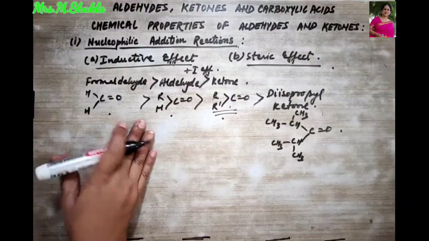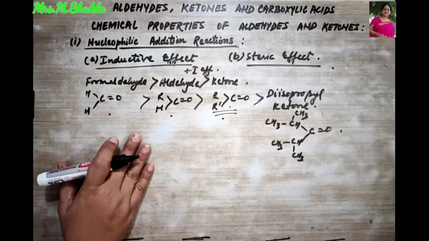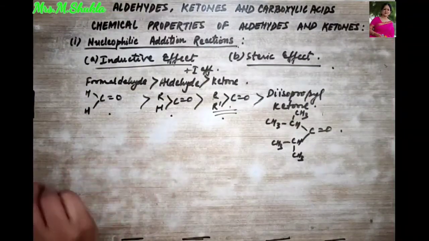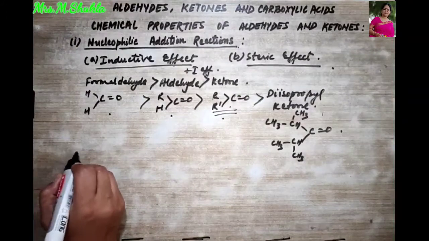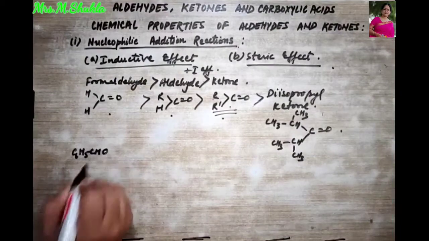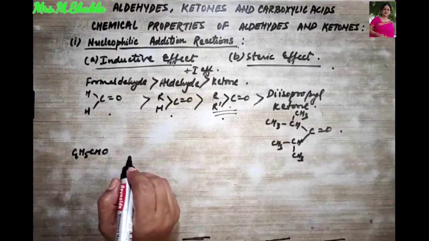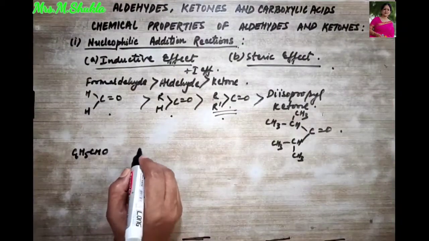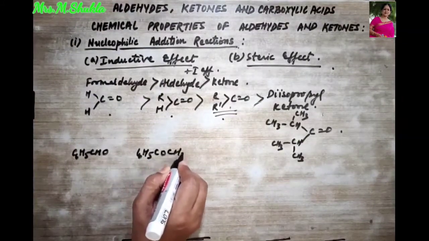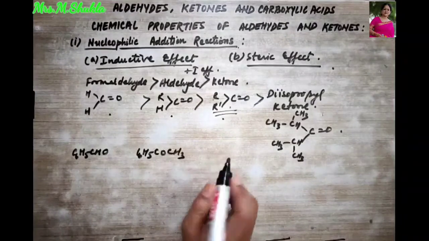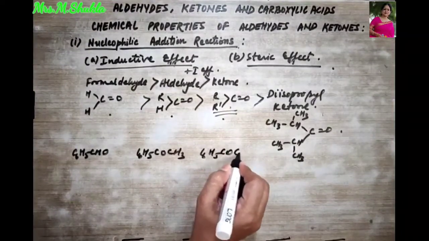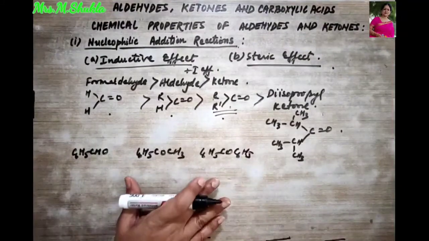Let us talk about some aromatic aldehydes, ketones and some alkyl aryl ketones. Like for example, if I take benzaldehyde, that is C6H5CHO. If I take acetophenone, the formula is C6H5COCH3. And if I take benzophenone, that is C6H5COC6H5. So what did I say?